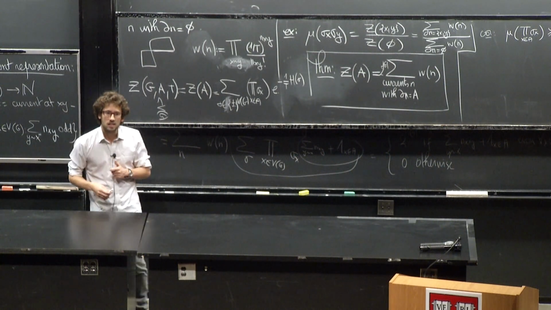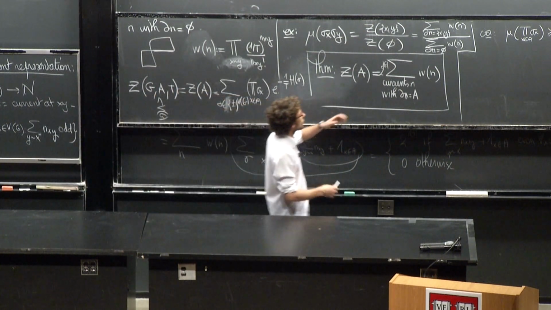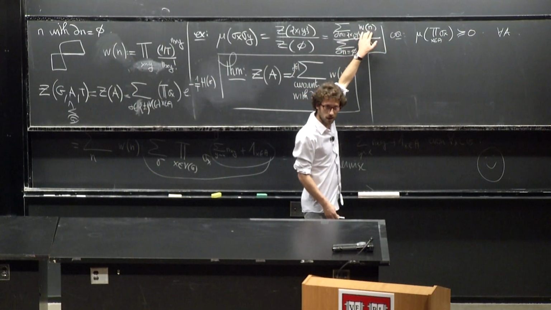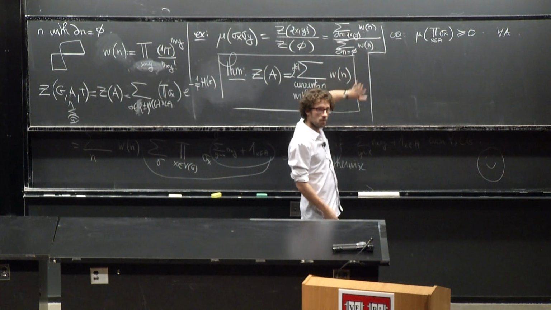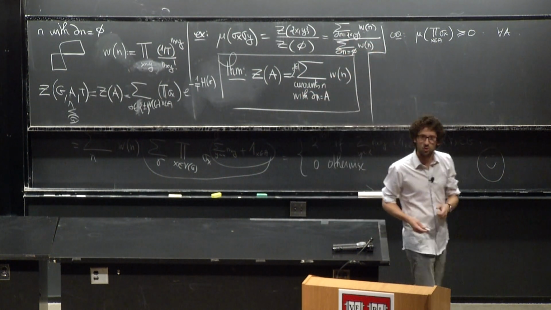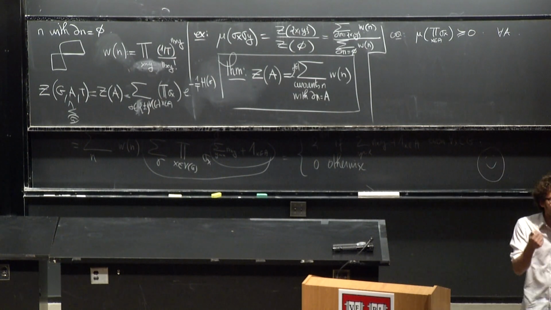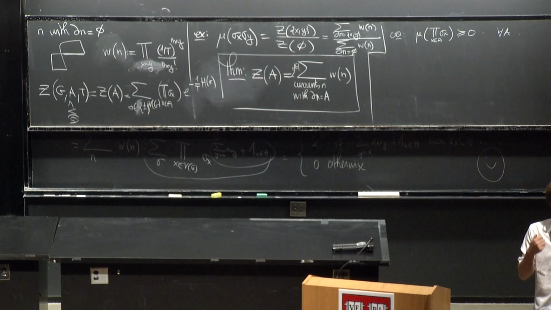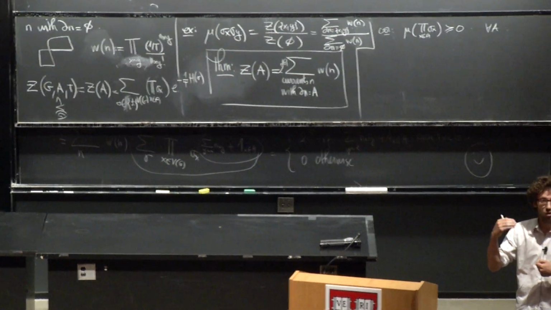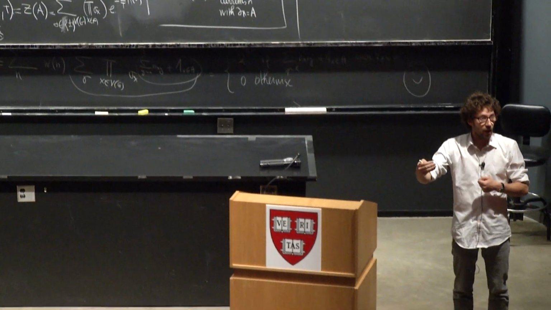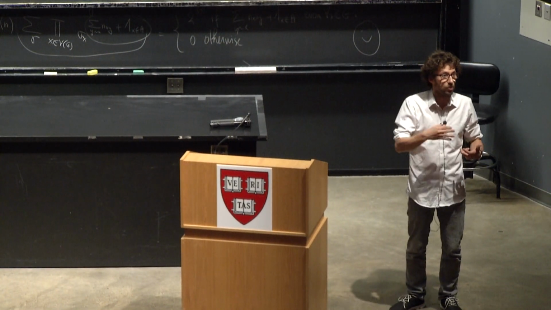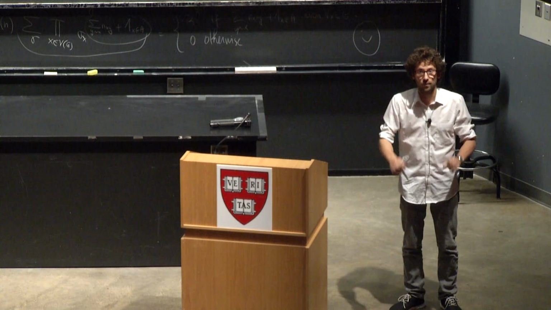Then that would be very nice for me, because that would be the sum over every configuration of current satisfying something, W of n, divided by the sum over every sourceless current of W of n. So this will scream at you that you could take a random current, by saying I take a current with probability proportional to W of n, and I look at whether my current satisfies some property or not. So that would be perfect for me.